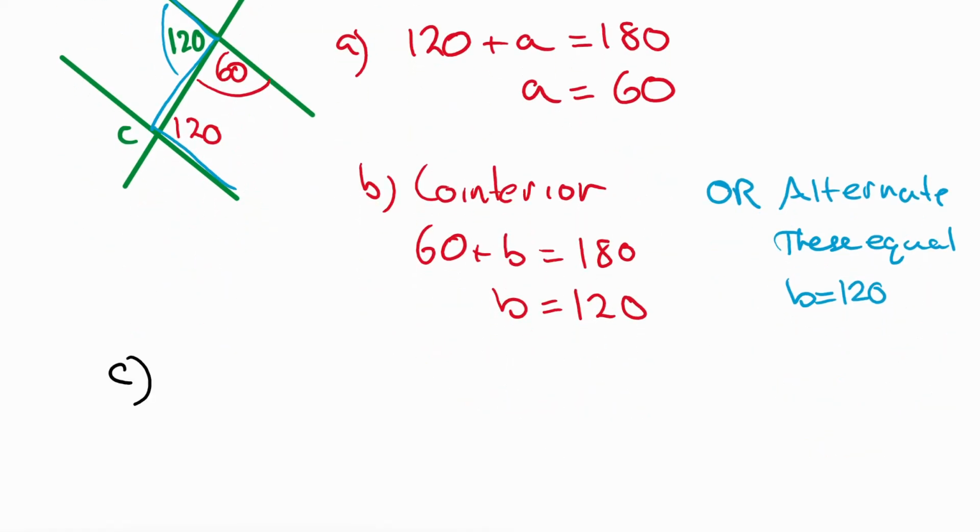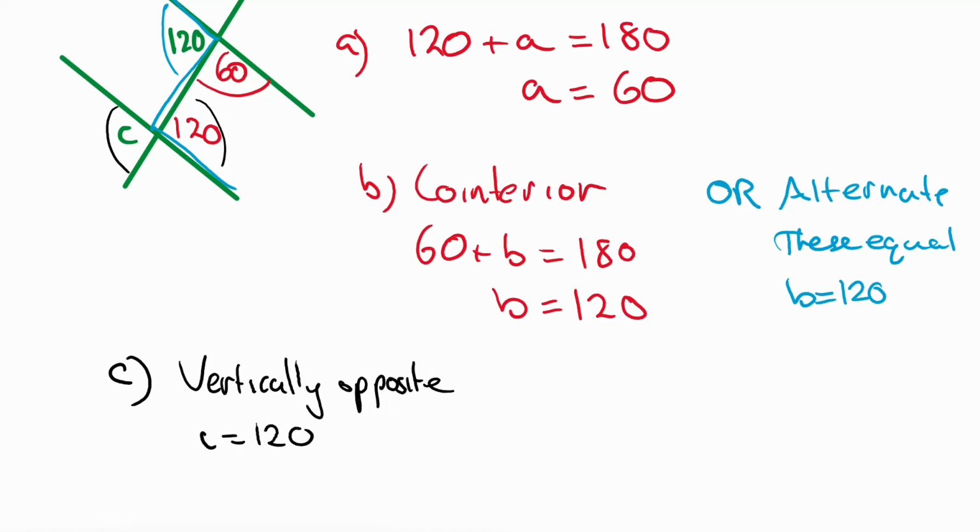All right, so C now. Again, multiple different ways I can do it. I could do vertically opposite angles. If I did that, vertically opposite, C equals 120. I could have done, in orange, like this, corresponding angles, because it makes an F shape.